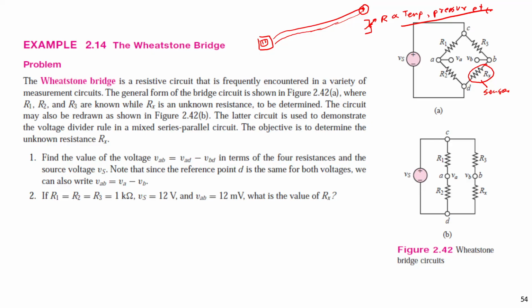So if the temperature changes, the resistance changes. If the pressure changes, the resistance changes. Then we connect this to some circuit. So if this resistance changes, the voltage changes, okay?